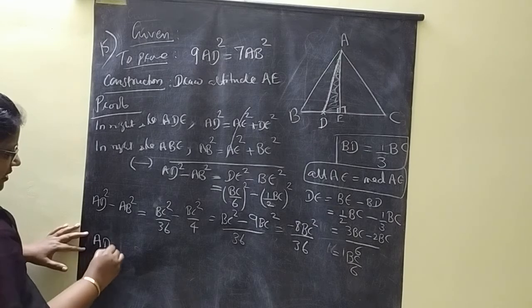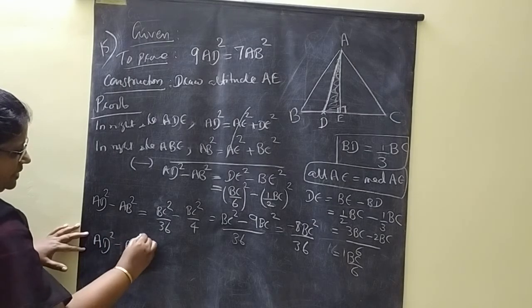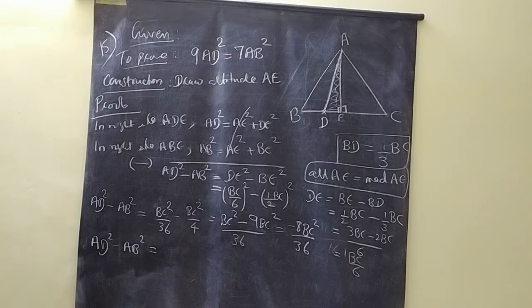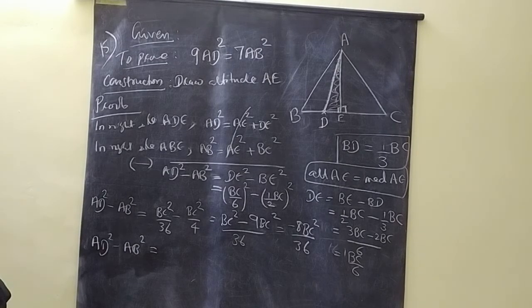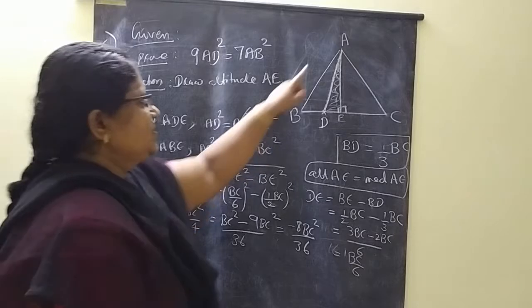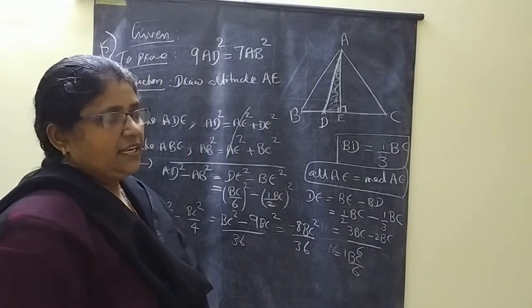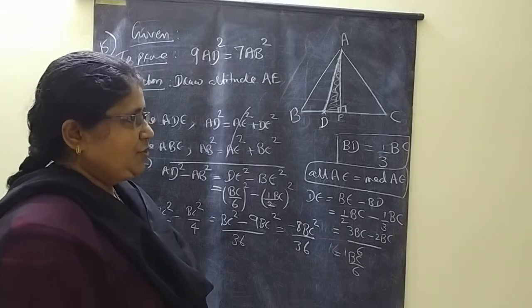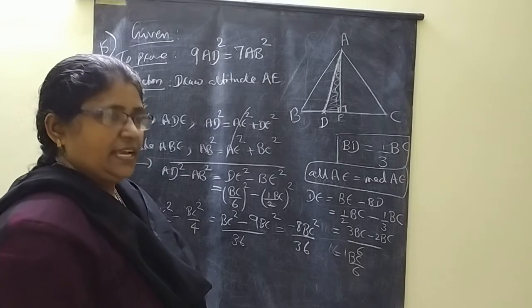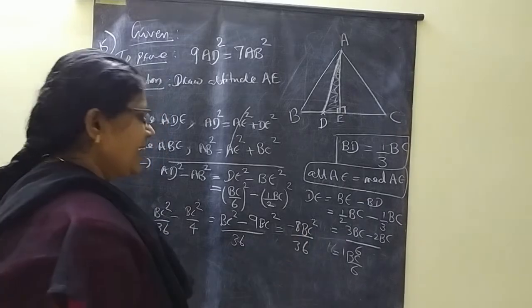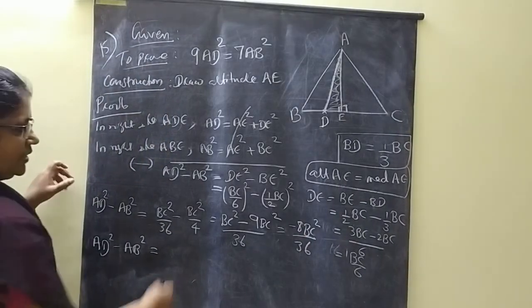So AD square minus AB square is equal to, now you see, since it is an equilateral triangle, all the sides are equal. AB equal to BC equal to AC. So instead of BC square, we can write AB square. Understood?